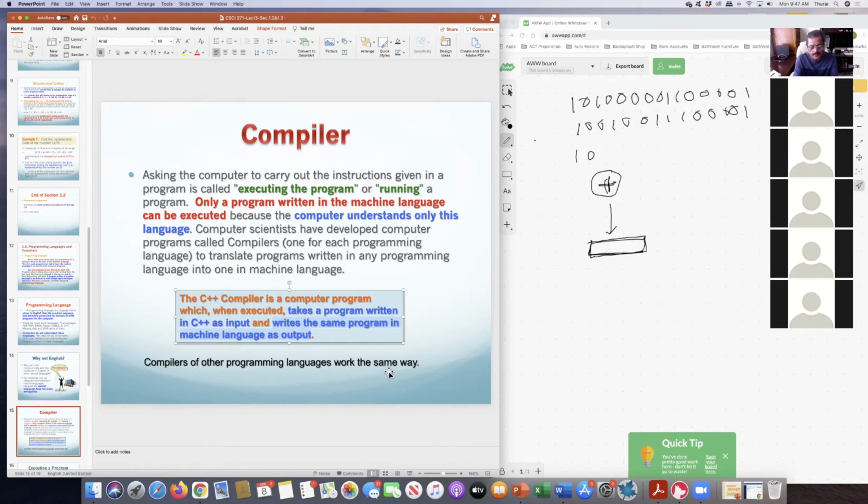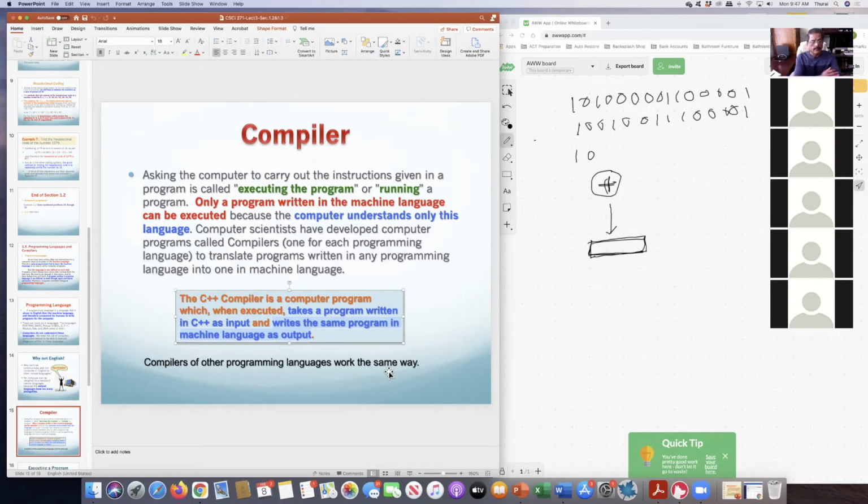So the translated program will be in a separate file. You wrote the program in one file, and now the compiler will translate it and put the machine code in another file. Your program is called source code, the original program you wrote, and the translated version will be called machine code.